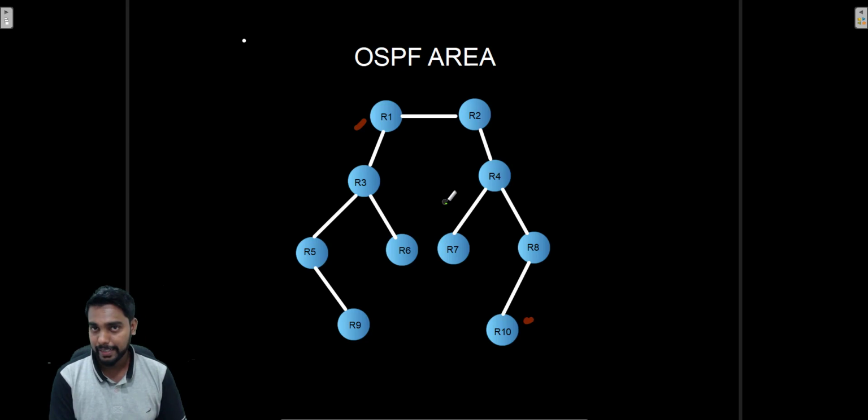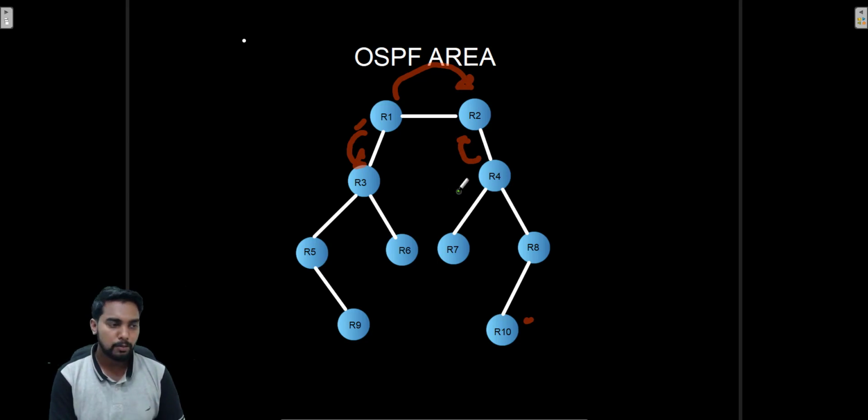Let's say that I have OSPF enabled on all of the elements in this network. Once OSPF is enabled, you know that OSPF shares information about itself with its directly connected neighbors in the form of LSAs. Router number 1 will share its LSA with router number 2 and router number 3. In the same fashion, router number 4 will share with router number 2 and 7, and so on and so forth.